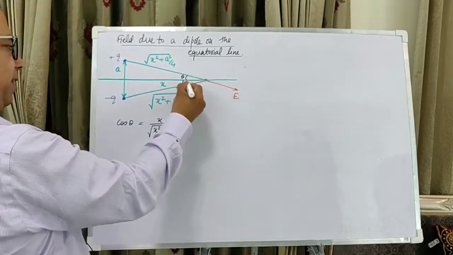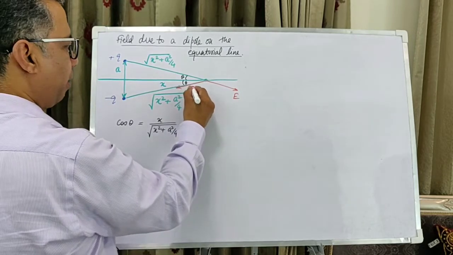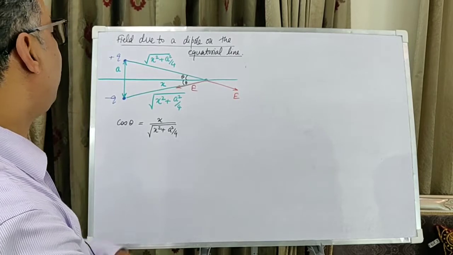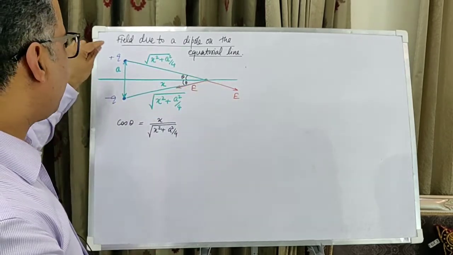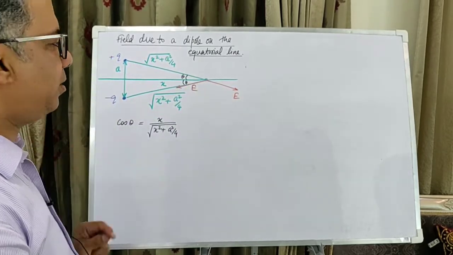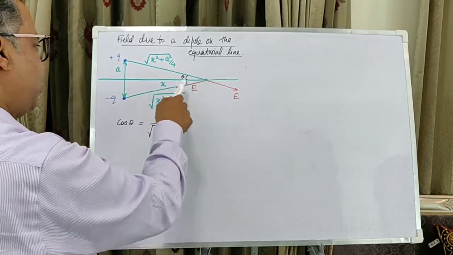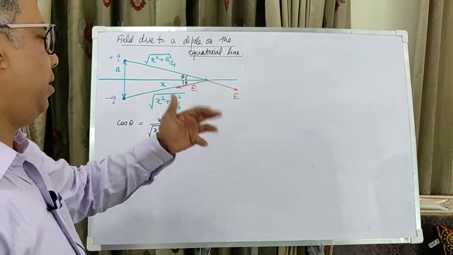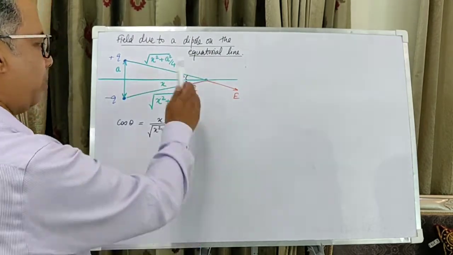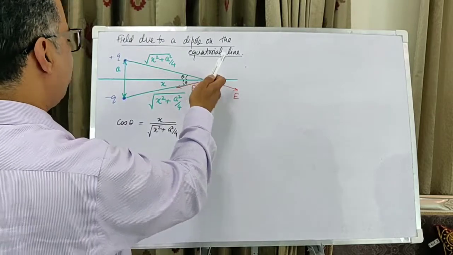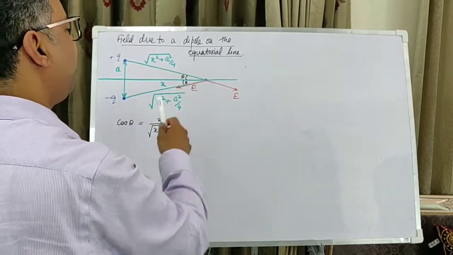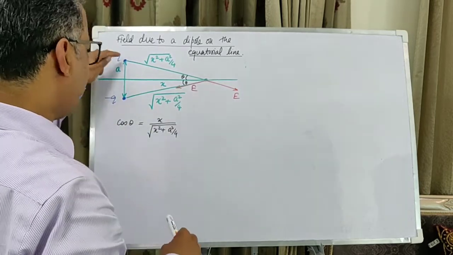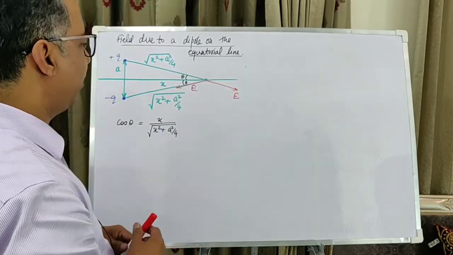Now this time the electric field is directed towards the charge, and it has the same magnitude E. Now why are the magnitudes of these two fields the same? Because the magnitudes of the charges are the same, and their distances are also the same. Distances are the same, charges have the same magnitude, so fields have the same magnitude. The only thing that differs is the direction, because they are located differently and they have different signs.